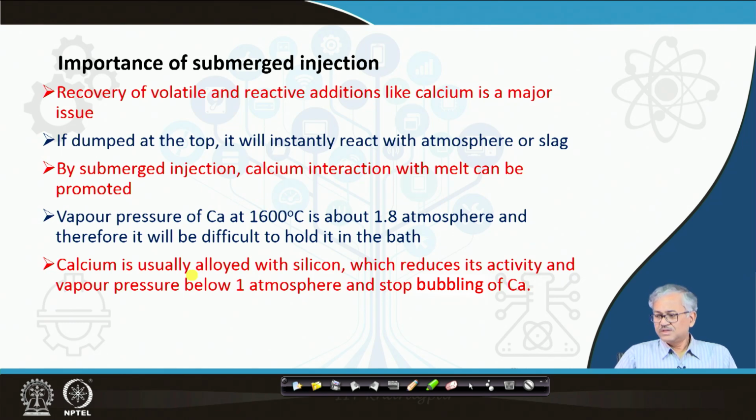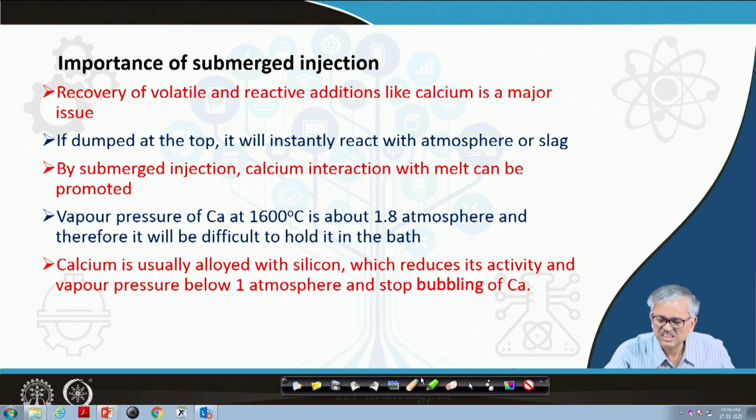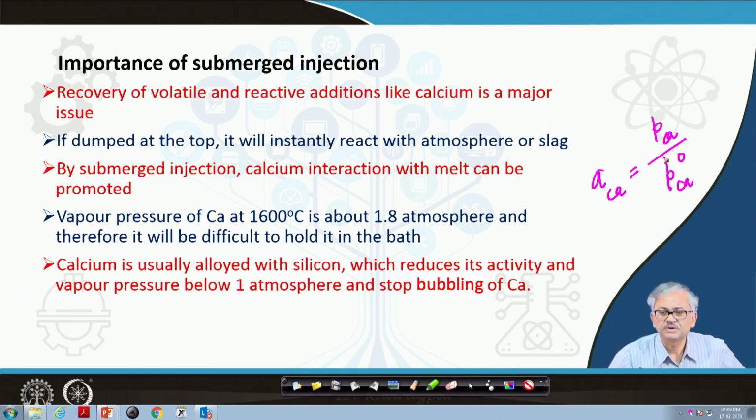As you know, we can define the activity this way: the activity of calcium is equal to the partial pressure of calcium in the alloy divided by the partial pressure of calcium when it is pure.